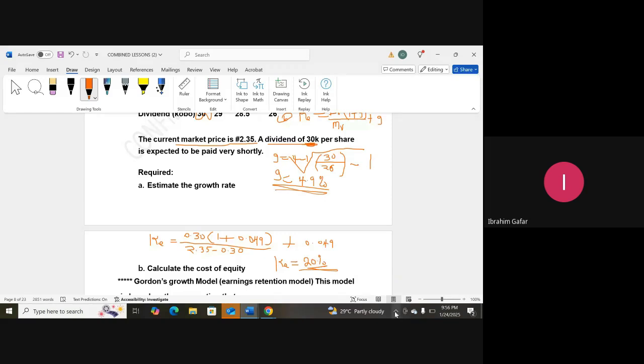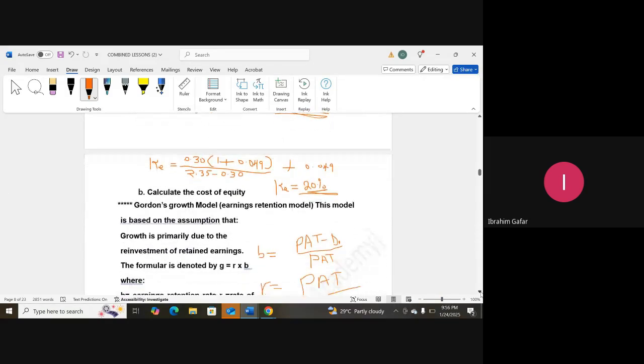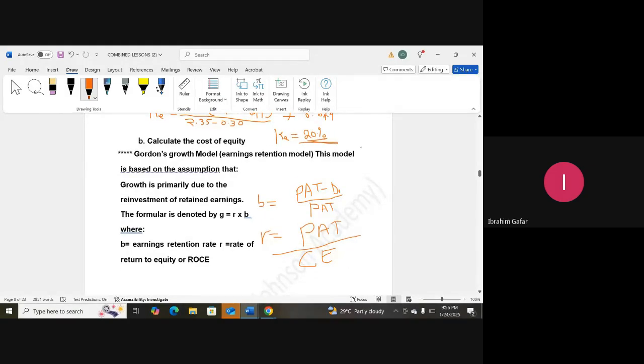So then we are still under the cost of capital, but we have done with the dividend valuation model using the historical method.